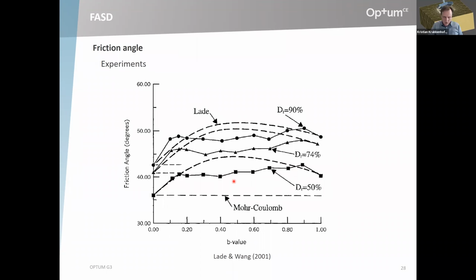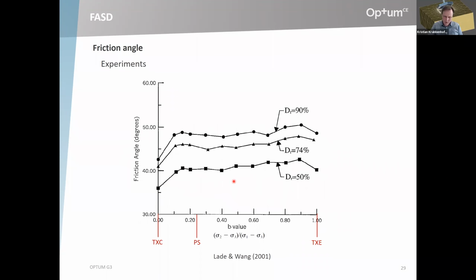So what we started thinking about is looking at these data. How would we fit these data points, these 3 different curves? And one simple way would be to say, well, it's just straight horizontal lines like that, at least for B above some value, I don't know, 0.1, 0.15 or so. It's pretty much just straight lines, corresponding to a constant friction angle, basically.